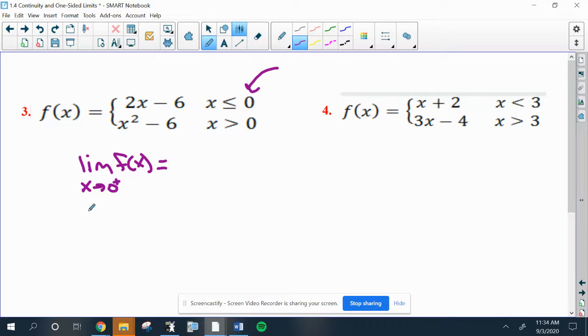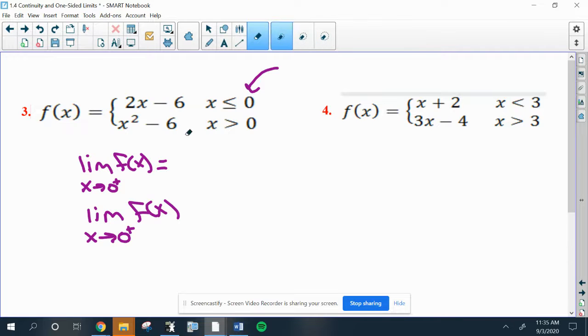And then I'm going to determine what the limit on the right side of 0 is. I see I messed that up. I will fix that. I said left side of 0. So let's fix this.